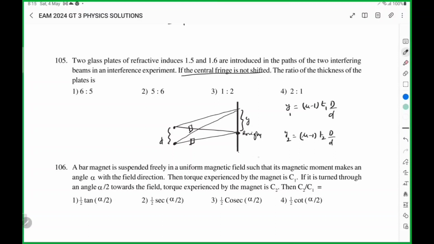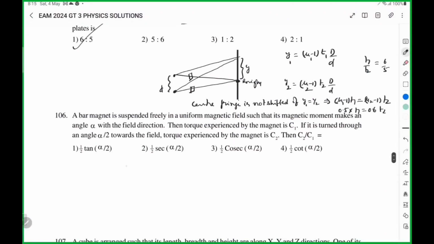Here he has given the refractive indices. The central fringe will not shift if y1 and y2 are equal, that is (mu1 minus 1) t1 equals (mu2 minus 1) t2. So 1.5 t1 is equal to 0.6 t2, and t1 by t2 is 6 by 5.